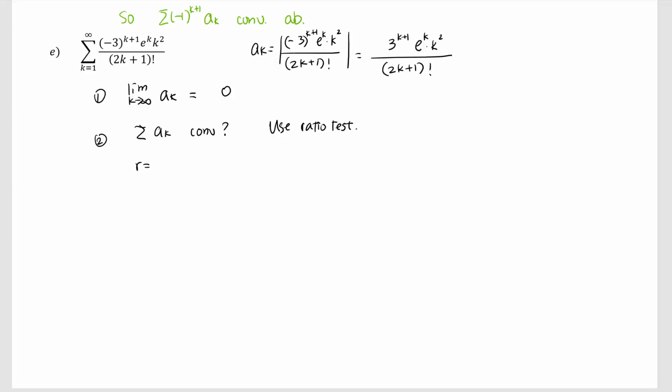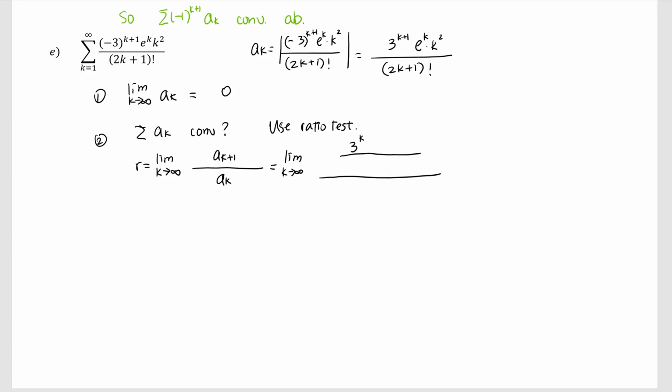Ratio test: r equals the limit as k goes to infinity of a sub k plus 1 over a sub k. What is that? Alright, so a sub k plus 1 means whenever you see k in the expression, you replace it by k plus 1.